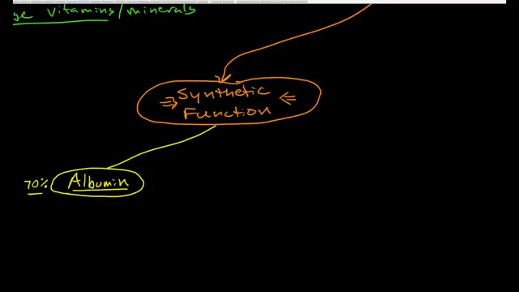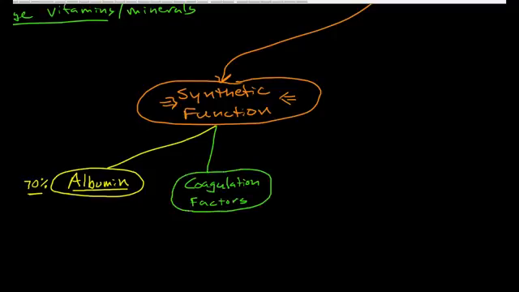The next important group of proteins are coagulation factors. Now, not all coagulation factors are produced in the liver, but a number of very important ones are. Obviously, the most important of all is fibrinogen, which is produced in the liver.